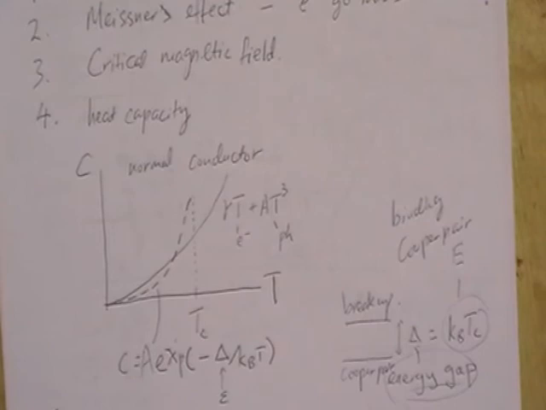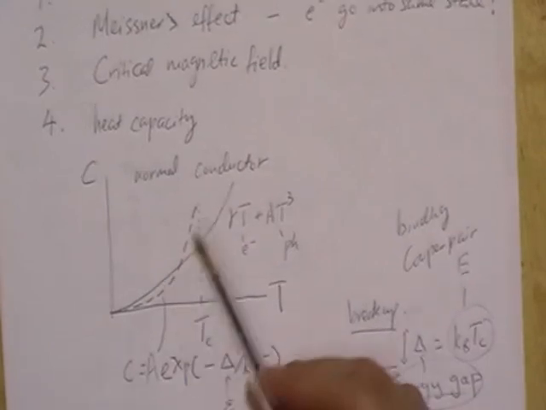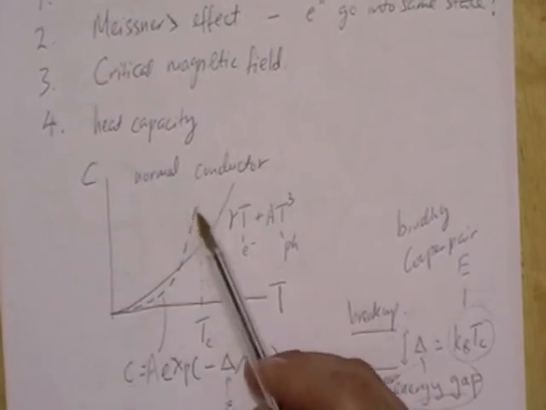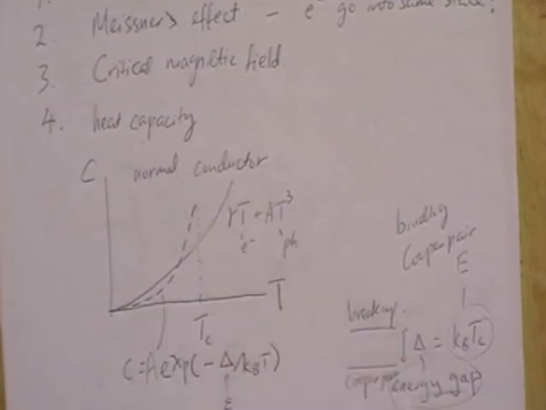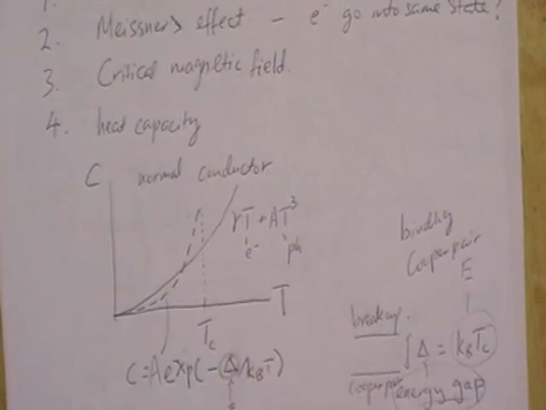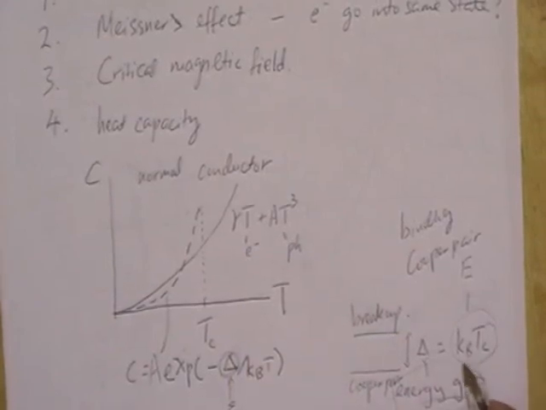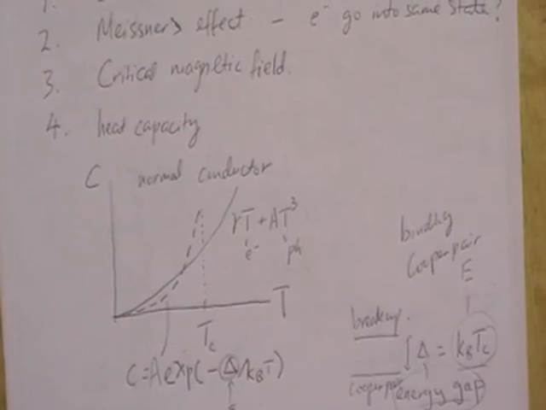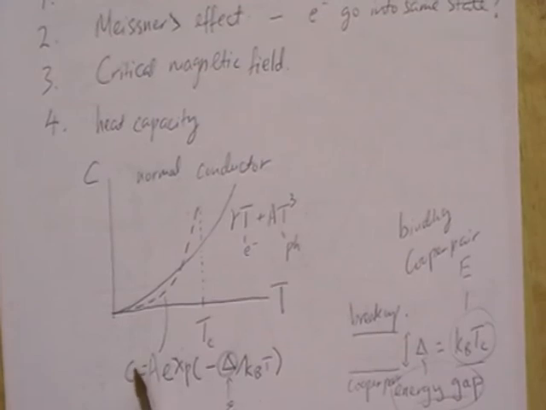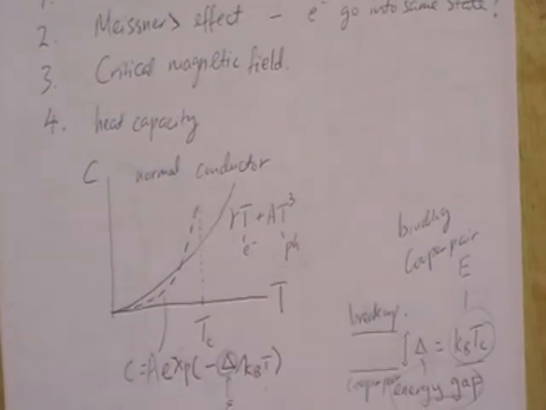And in fact, when a proper curve fitting is done to the measured heat capacity curve, it has been found that the delta, the number in this exponential, is about Kb times Tc. So the graph of C against T would agree with the experimental data.